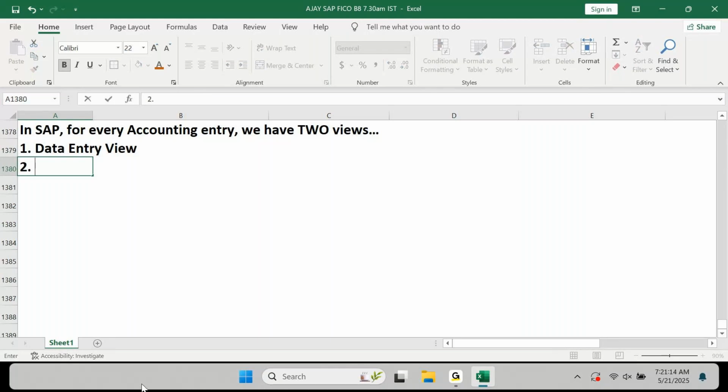Another one is general ledger view. This is important. Clear? Two views of every accounting entry in SAP. Yes, sir. One is data entry view and the other one is general ledger view.